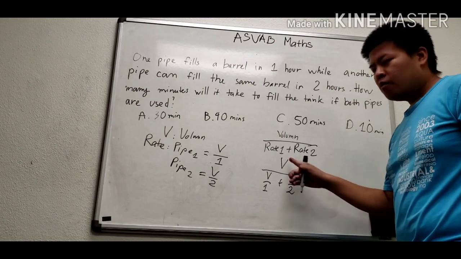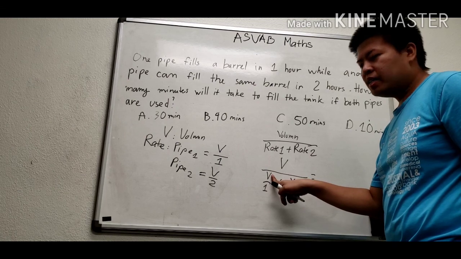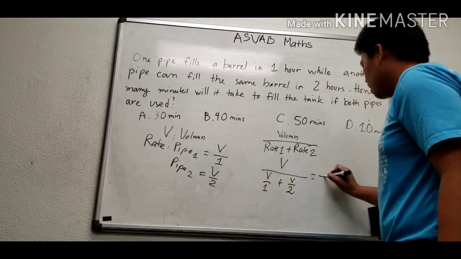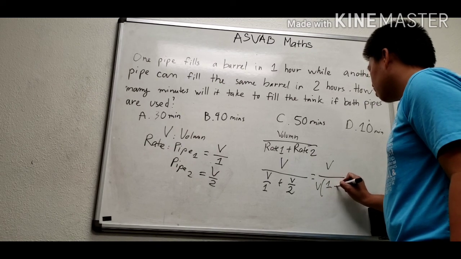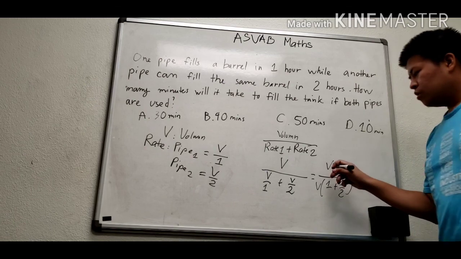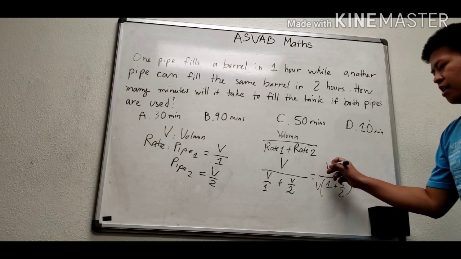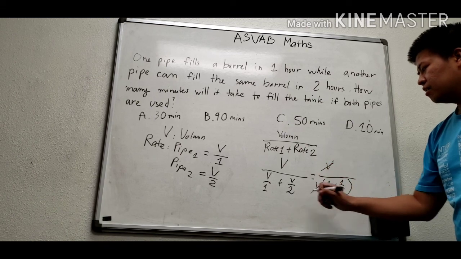So in here we have V on the numerator and V in the denominator. We can put the V outside like that. So that we can have the V in the numerator and the denominator. We eliminate V in here.